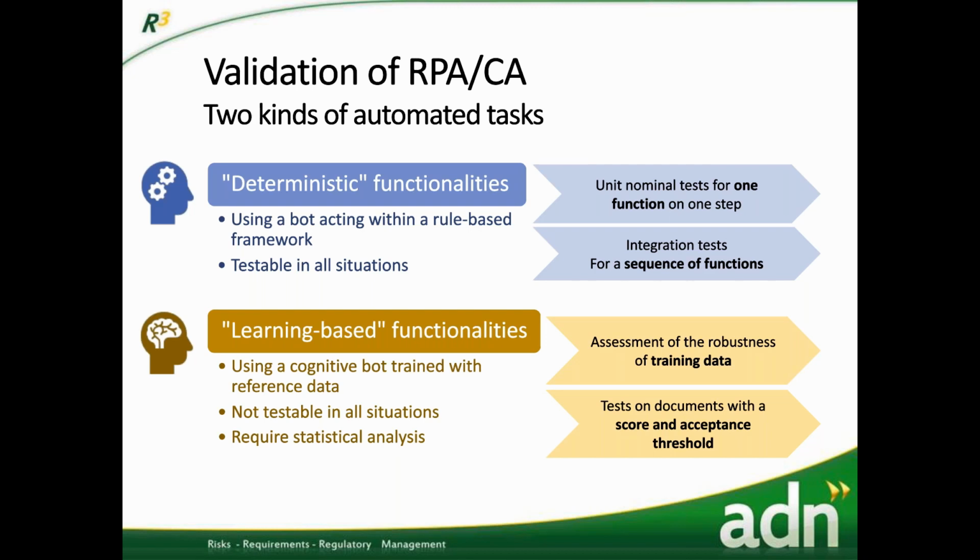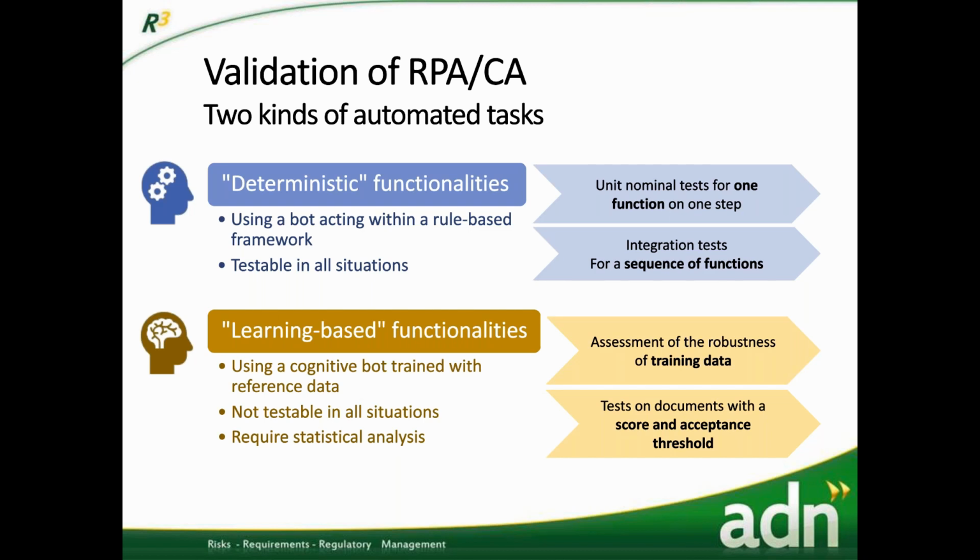We can use statistical analysis for the validation after assessing the robustness of the training data to be sure that the bots have been properly trained with representative data of what you will meet in real life.